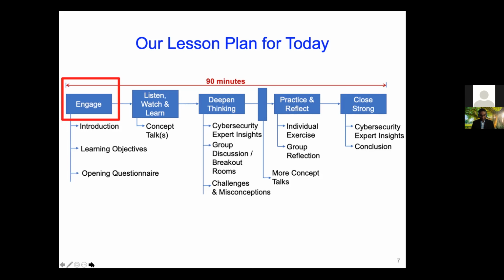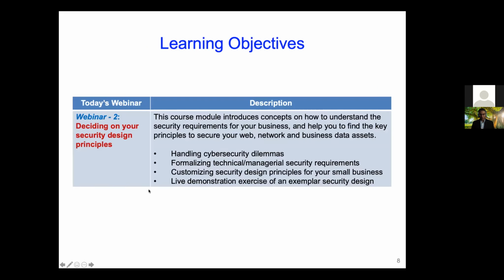So let's start with engage. The details of what we want to do today is I'm going to start with telling you, cybersecurity is something which is kind of a dilemma in the sense that you need it, but you don't need it a lot. But again, as much as you put cybersecurity in, it's not enough.